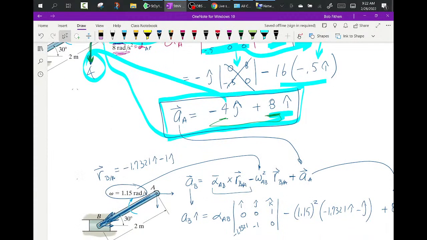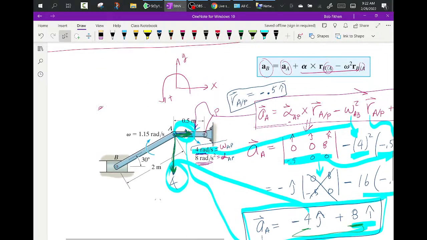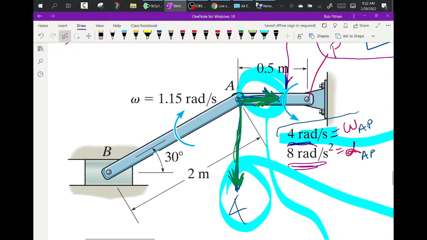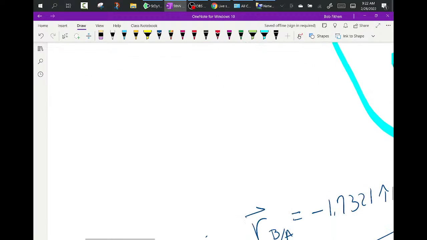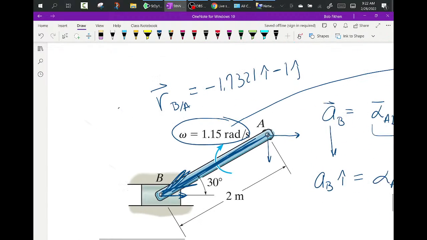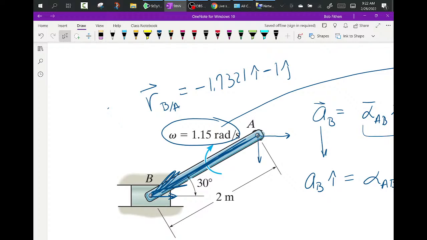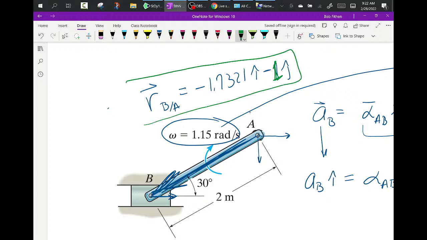Next I started looking at the next link, which is this link A to B, from here to here. I took the picture and copied it. First thing I did is determine the vector that originates from A and is drawn to B, and that was what I had here.